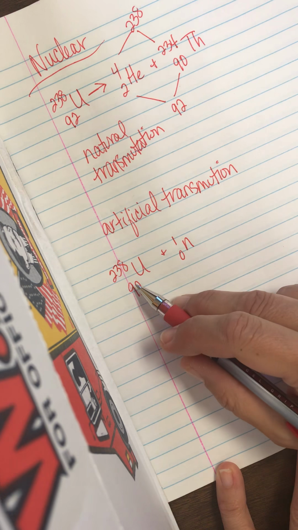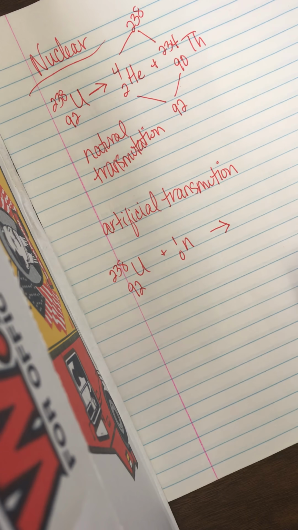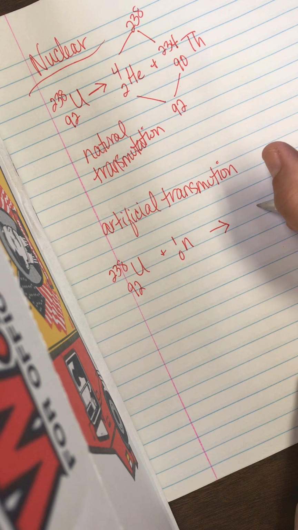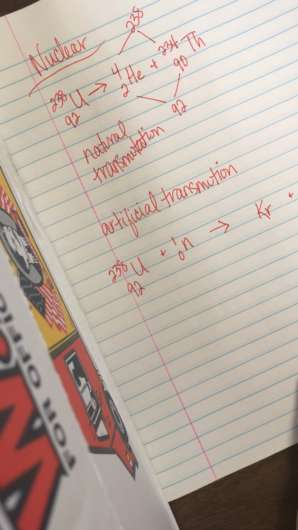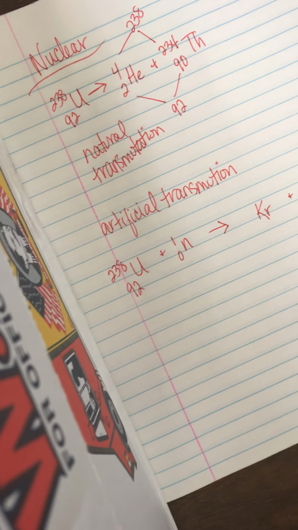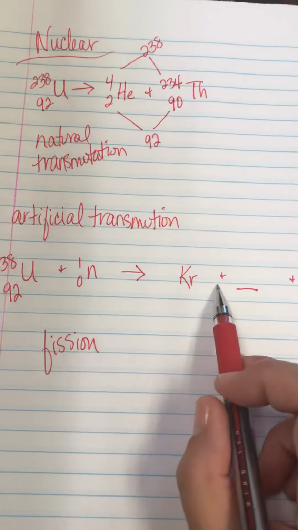That means I'm firing a neutron at it. When I fire a neutron at it, I could get Kr and something and 3 neutrons. So I'm actually splitting this nucleus apart. This is called fission when you split something. So we've got to figure out what these are.